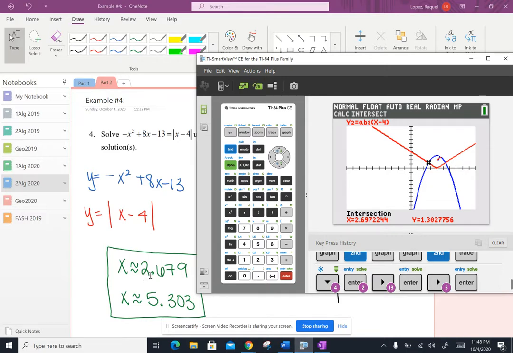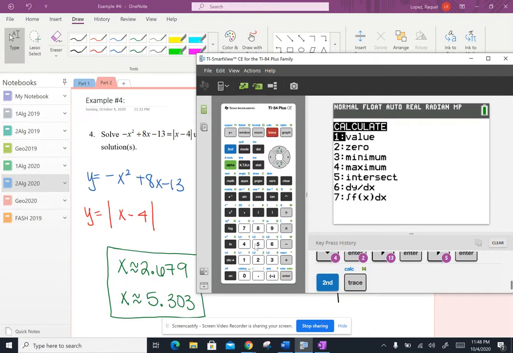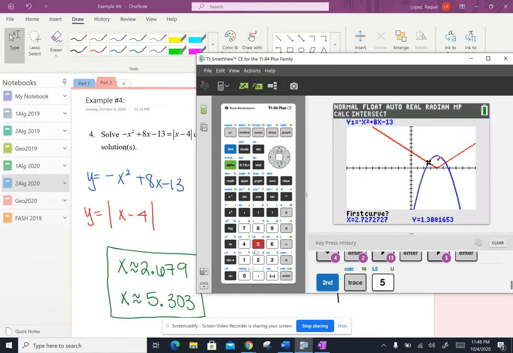Okay, let's look for our second intersection point. So we're going to do that all over again. We're going to go second, calc. This time I'm just going to hit the number 5, and it's going to get me the same thing. So for the first one, I'm going to get it even closer to that intersection point. Okay, and then the second curve is on the absolute value.